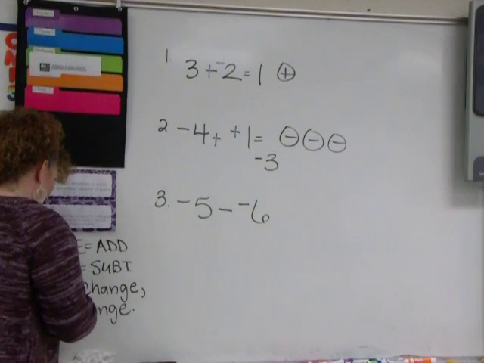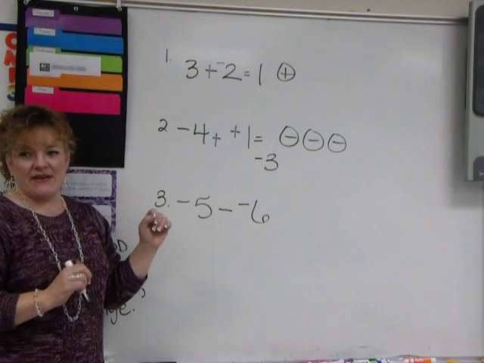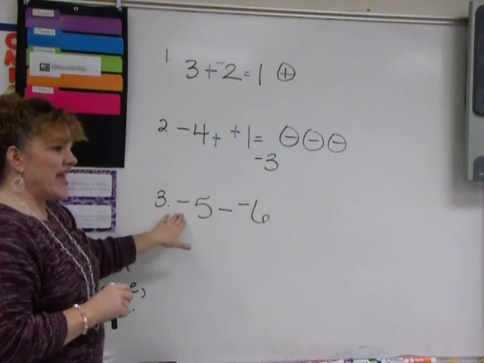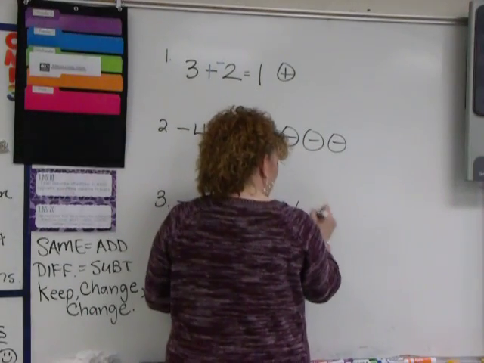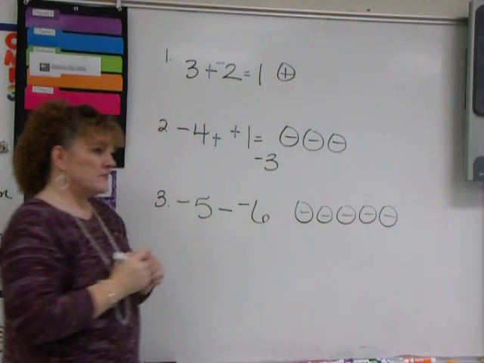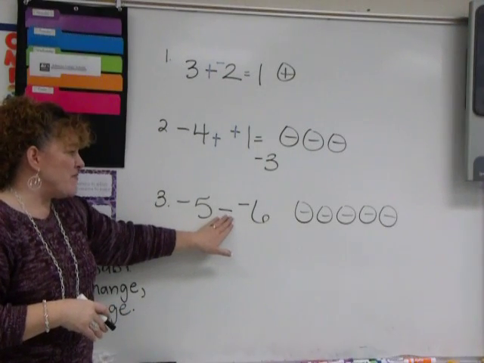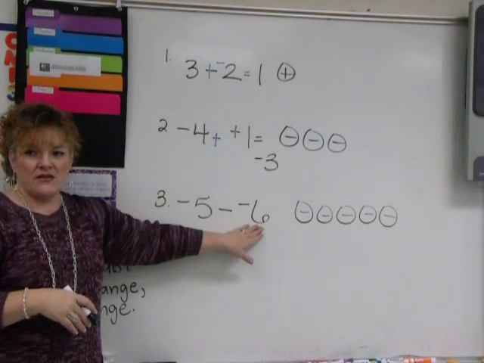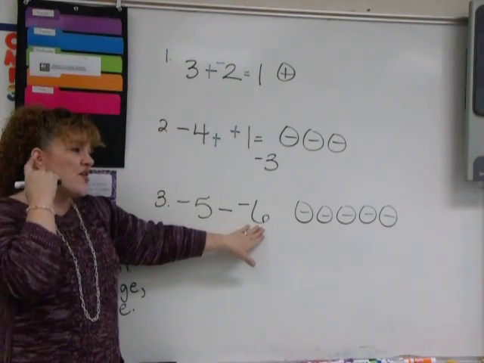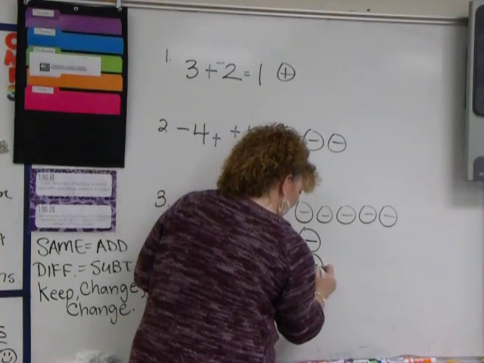So, if I'm now working on this one, where it tells me that I start with 5 negative chips, then you draw 5 negative chips. It tells me to remove 6 negative chips. Do I have 6 negative chips? No. So now what I have to do is add a 0 pair.